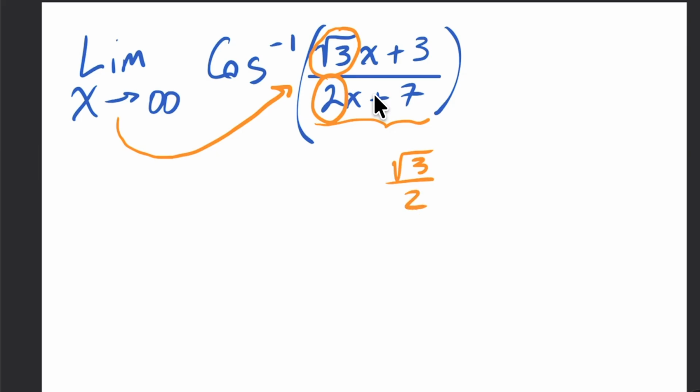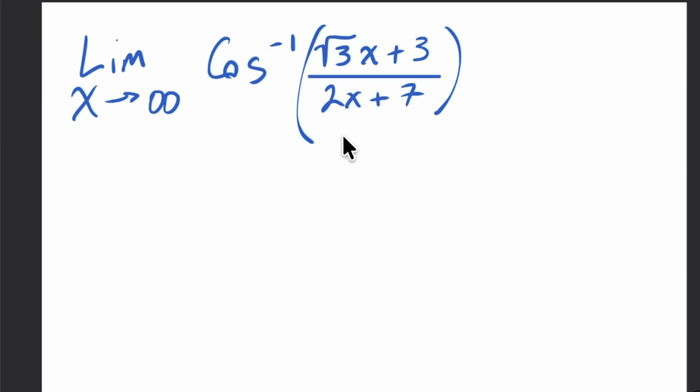Now we would get the same answer if we divided everything by the highest degree in the denominator. So for example, if we came along and divided everything in the denominator by the highest degree in the denominator and the same thing in the numerator, and then we plugged in infinity, here's what would happen.